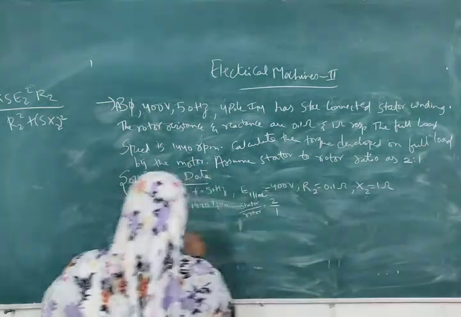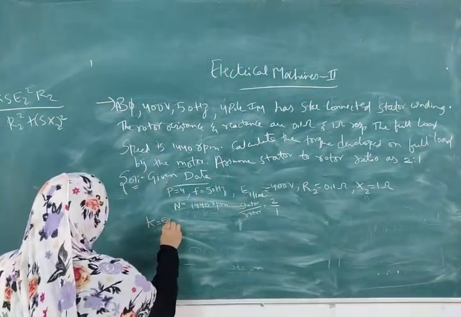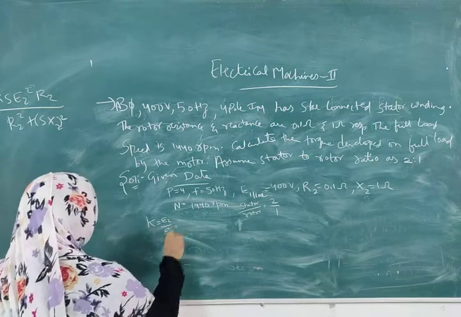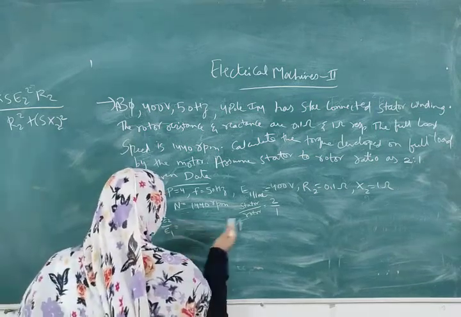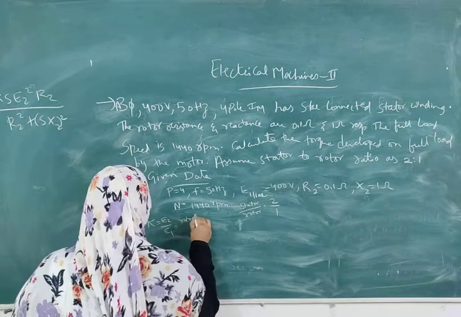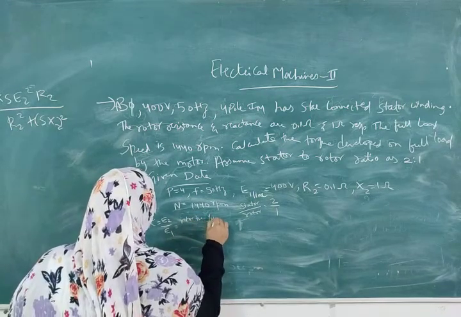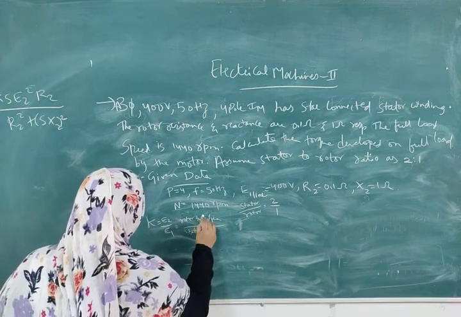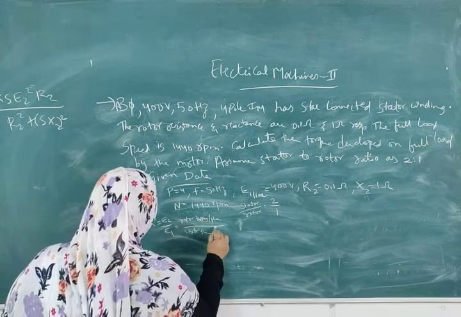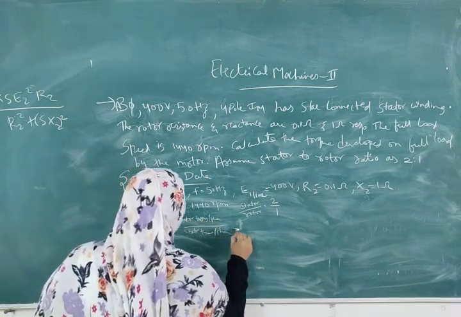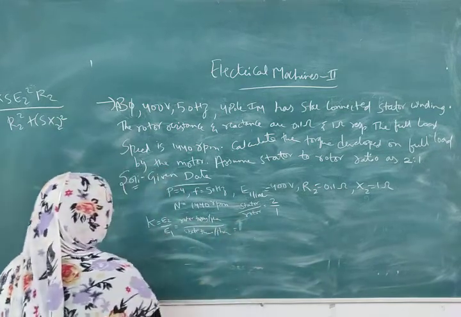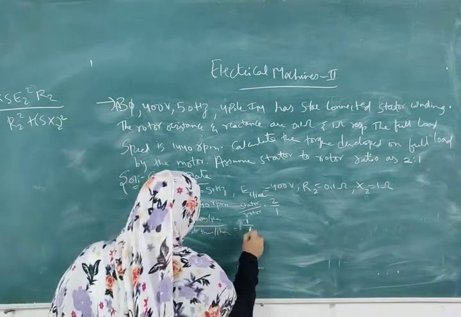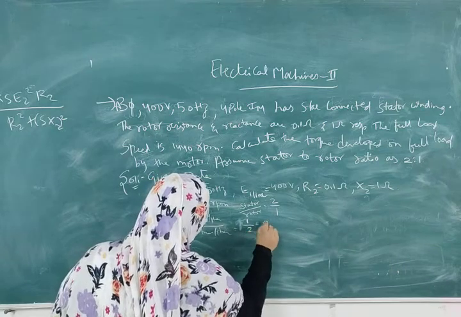So from this equation, K is equal to E2/E1, where E2 is nothing but rotor turns per phase by stator turns per phase. So rotor is 1 and stator is 2, that is 1:2, that is 0.5.